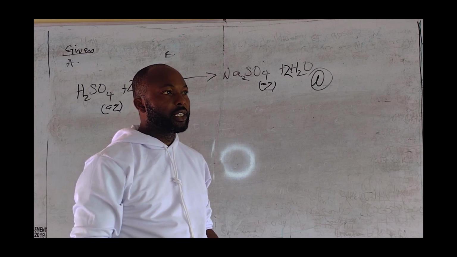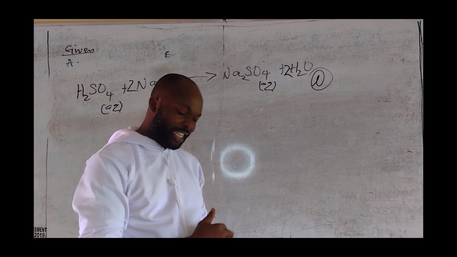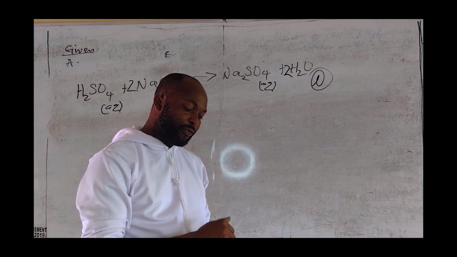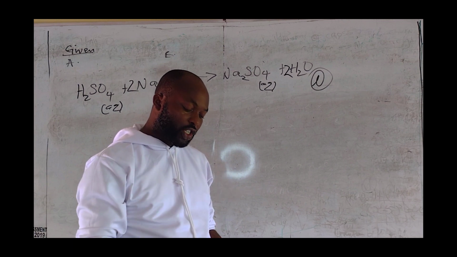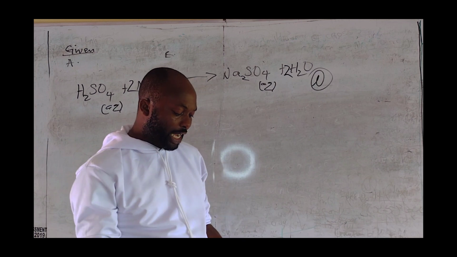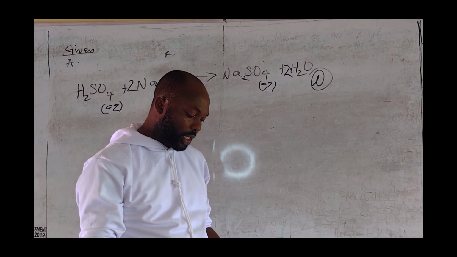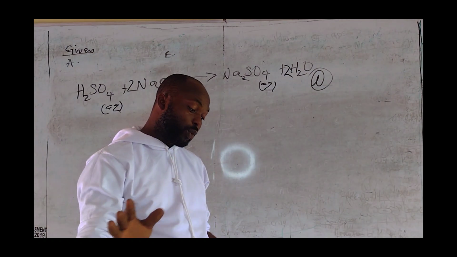In this case, they're giving us the volume of the acid and the molar concentration of the acid. That can give us the amount. And for the base, sodium hydroxide, nothing was given.